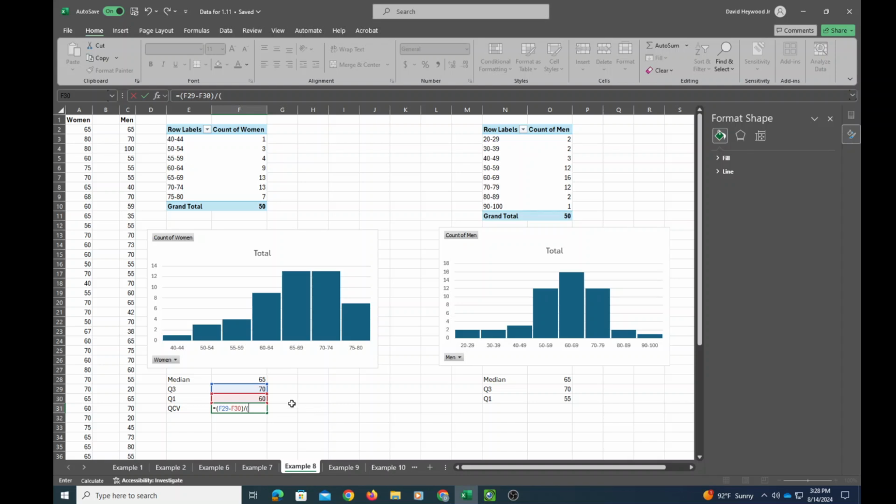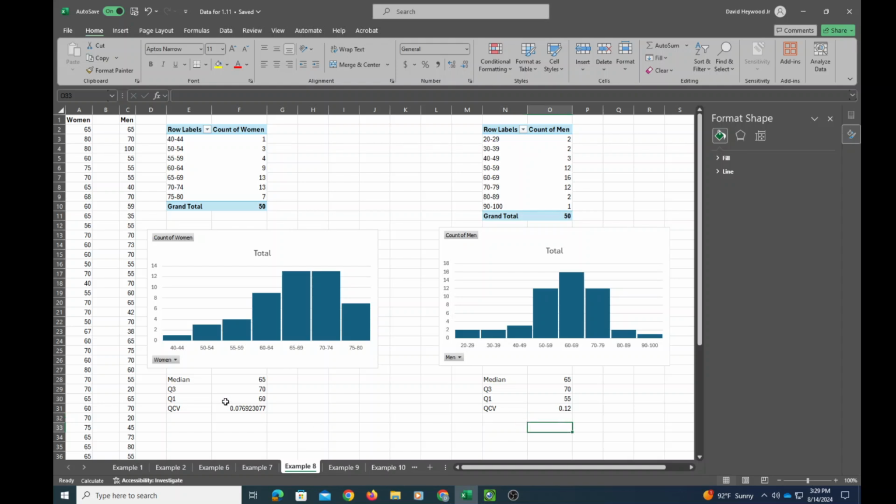Open up another set of parentheses and say Q3 plus Q1. Now, if you're not comfortable doing that, that's fine. Just use Desmos. But this is a little bit quicker for me. QCV equals Q3 minus Q1 divided by Q3 plus Q1.